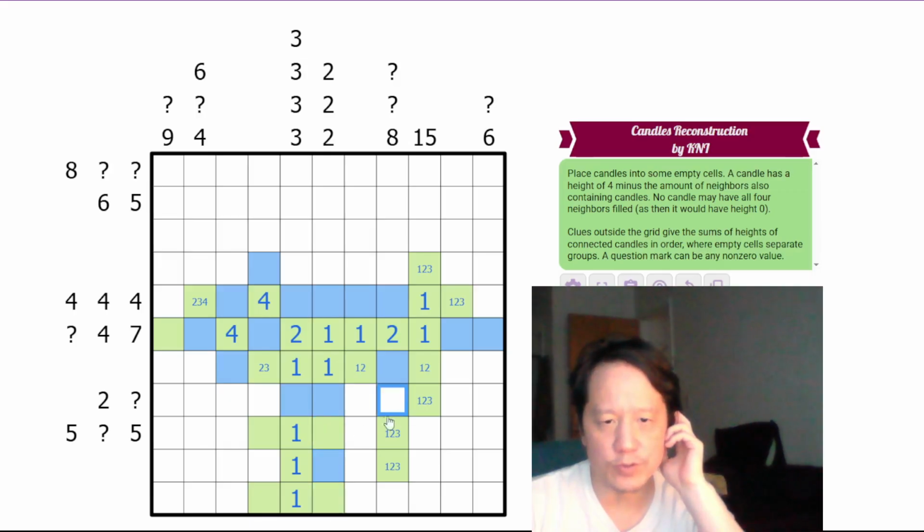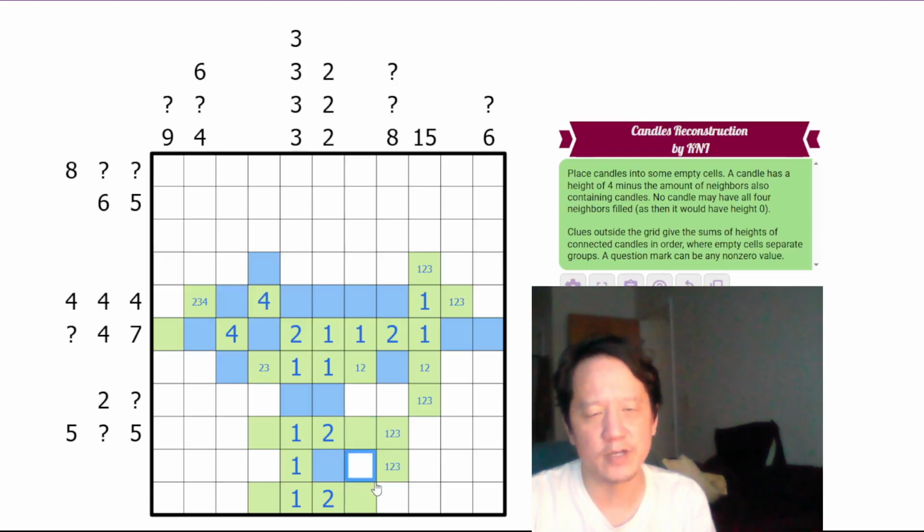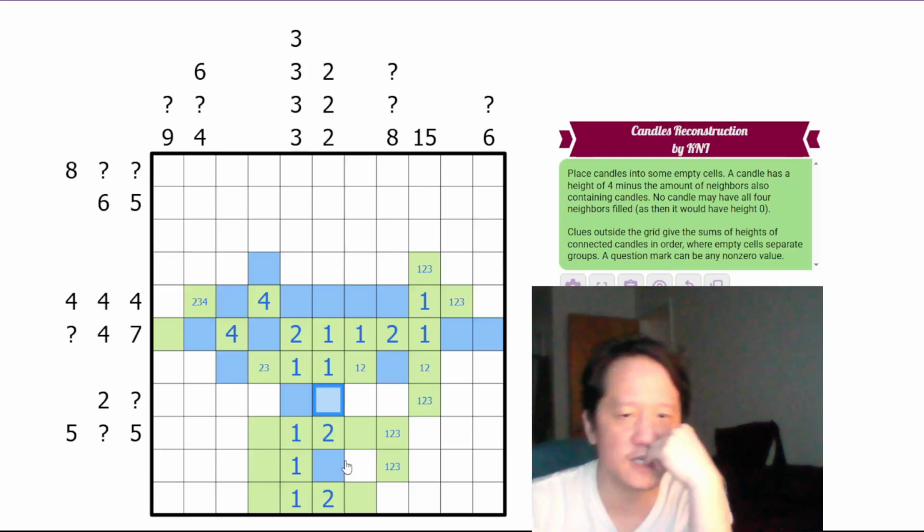That would force blue there. So this would have to be 2 and 2 in that case. 2 means 2 of its neighbors have candles. So this would be neighbor there. That would be neighbor there. That seems okay. This would have to be green here. That would be fine.